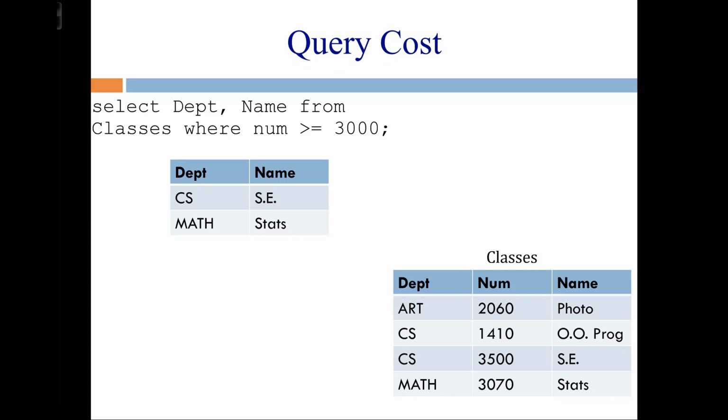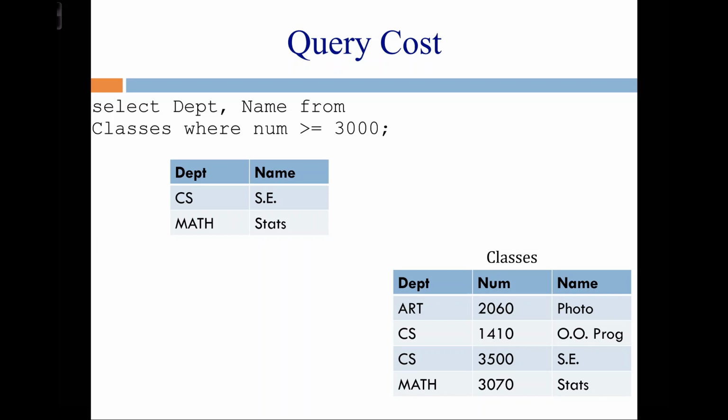So first, let's look at a query that just uses the classes table. Select department and name from classes where the class number is greater than or equal to 3,000. This is the table that it would return, but how would we do that? Well, let's look at the classes table. The order of this table appears to be ordered by department. It is not ordered by class number.